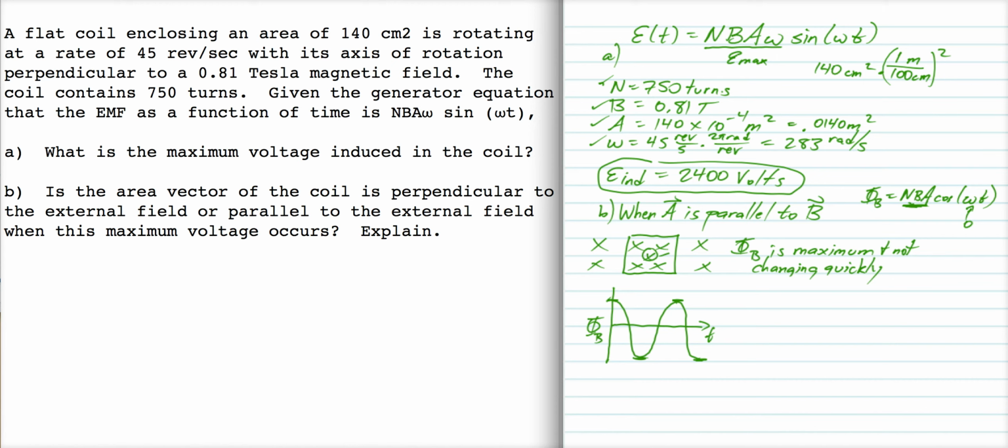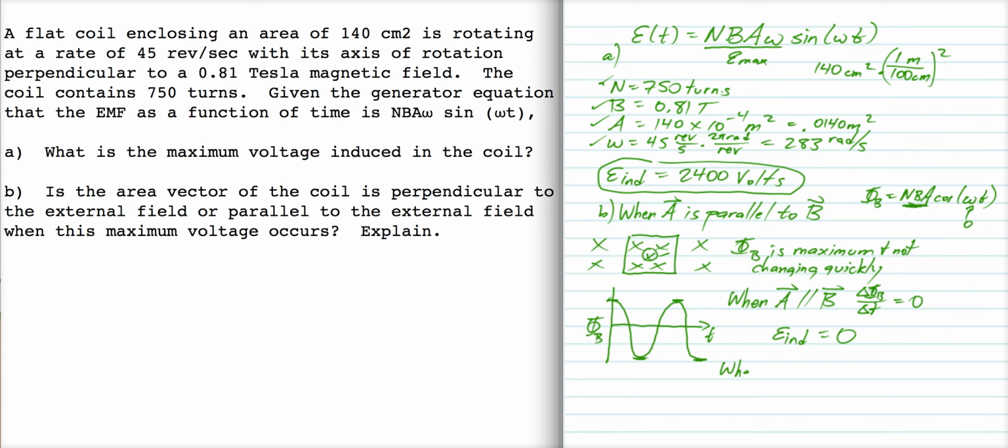So at that time, when A is parallel to B, I would say that phi b is maximum and delta phi b over delta t is minimum, equal to 0. And so the induced EMF at that time would be equal to 0. It's minimized.